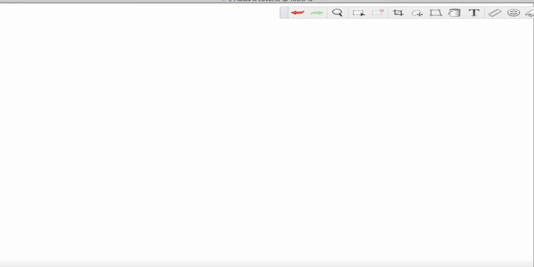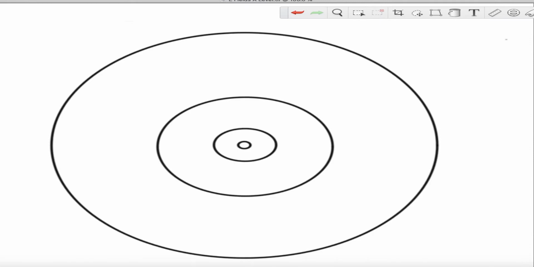So here's our charge, and here are 3 concentric circles around our charge. And let's say our charge is positive.